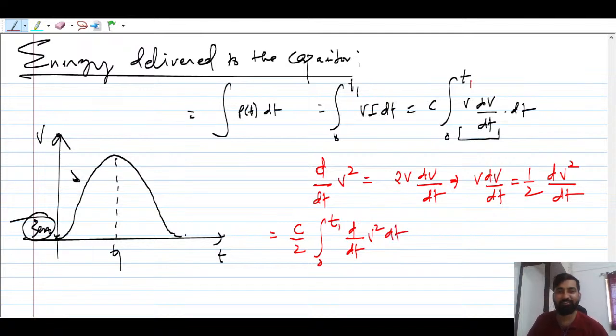I think this is clear for you. Now it is independent of t, and dt you can cancel, so you will get v square only, because integration is going to cancel the effect of differentiation.